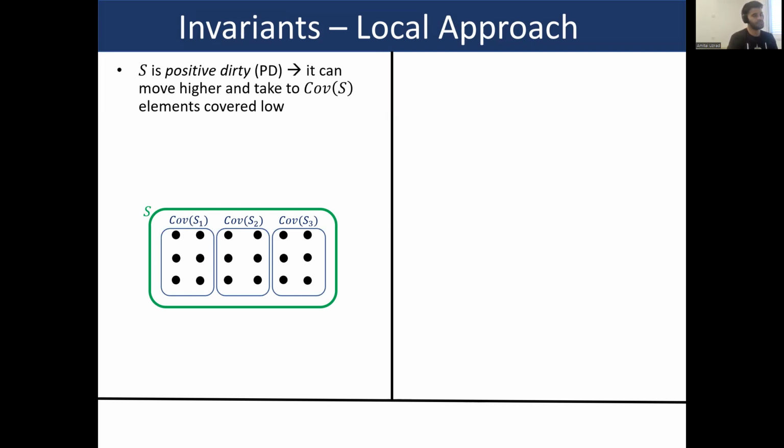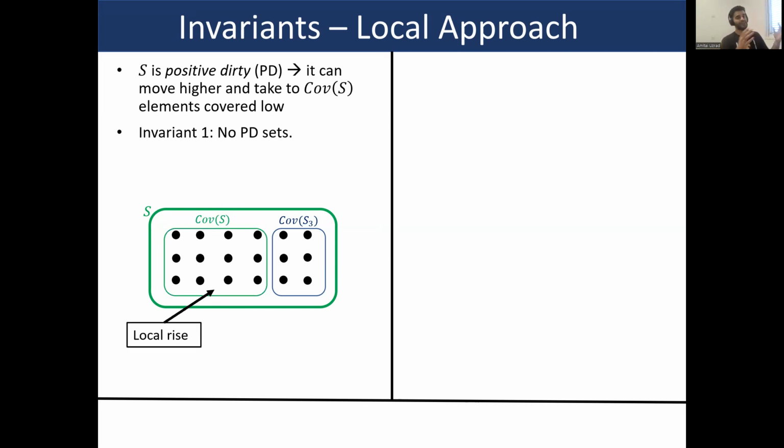I'll just continue from here. Let's look at a set S. It has, let's say, cov S1 and cov S2 at a lower level. These are low-level elements. All the elements in cov S1 are at the same level, and all the elements in cov S2 are at the same level.